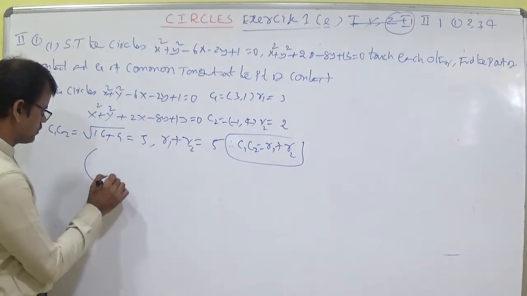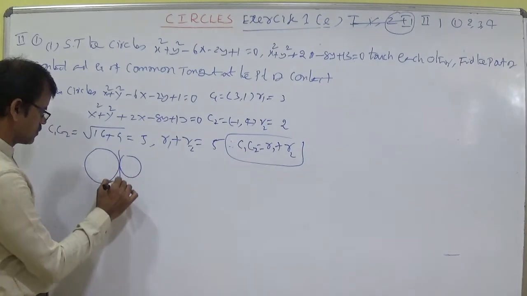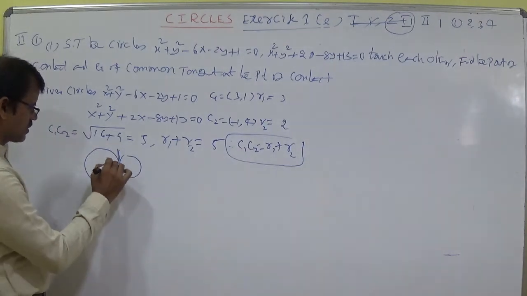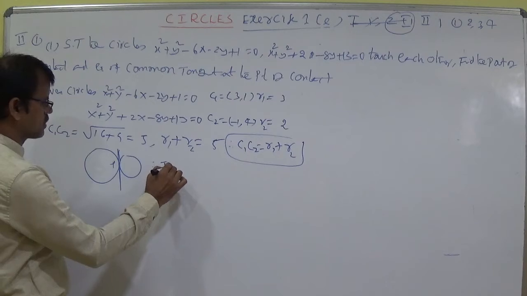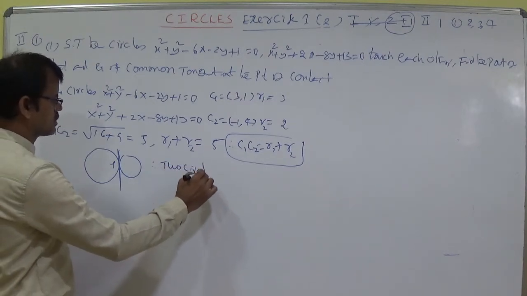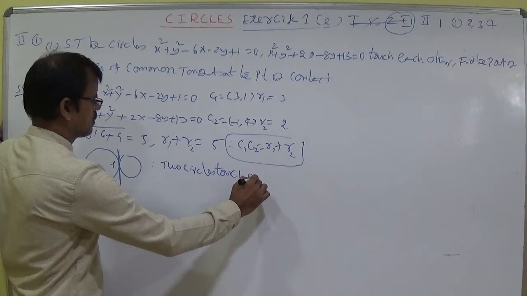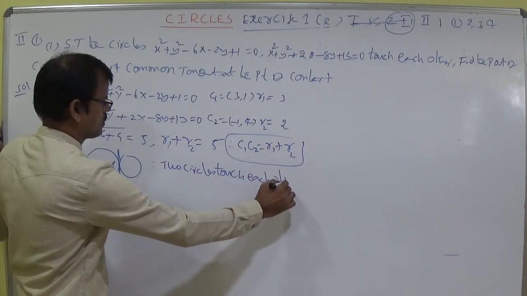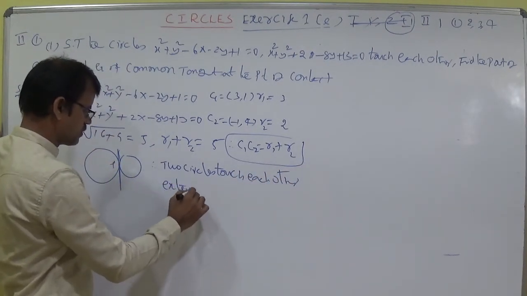Draw the rough diagram. This is asking the point of contact. Therefore, two circles touch each other externally.